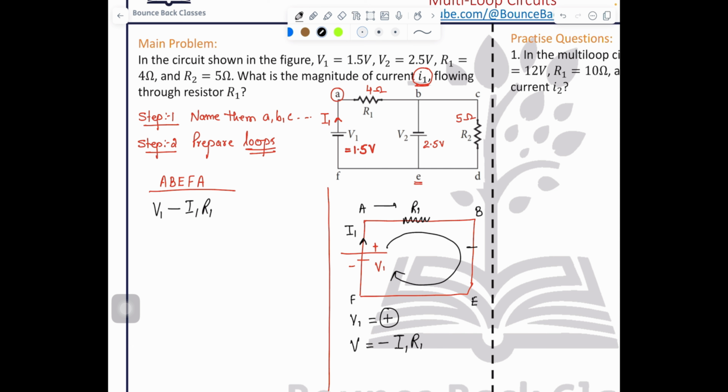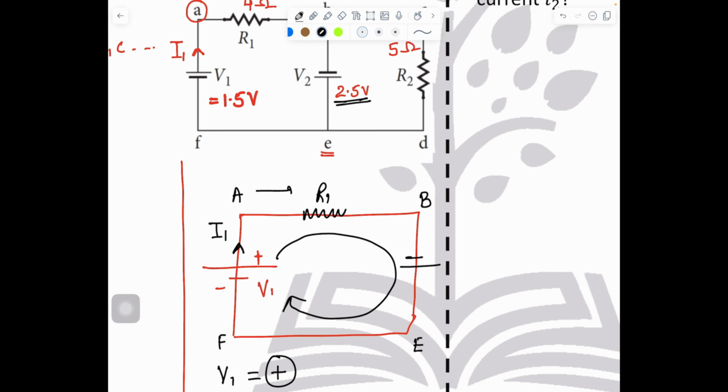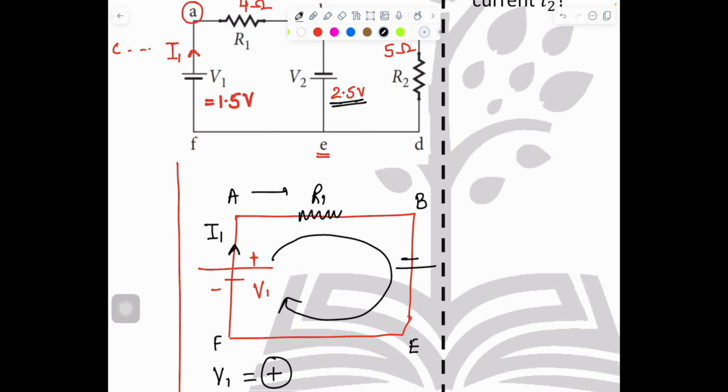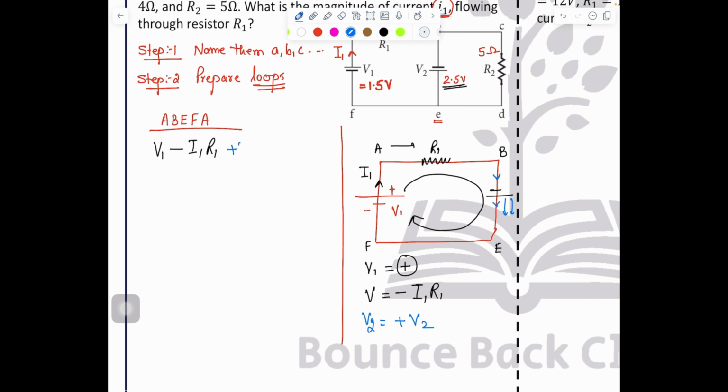After that, I have a voltage here. This voltage 2.5, just check what is the direction. It is entering in negative and exiting from positive. So V2 should be positive V2. Now your circuit is closed, so equals to 0. Clear? Fine.